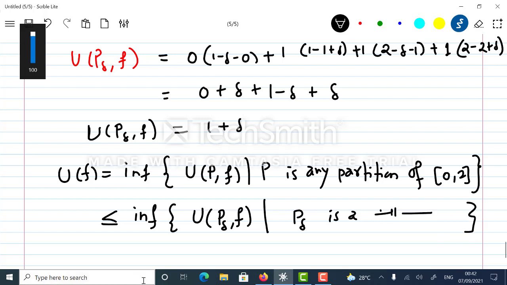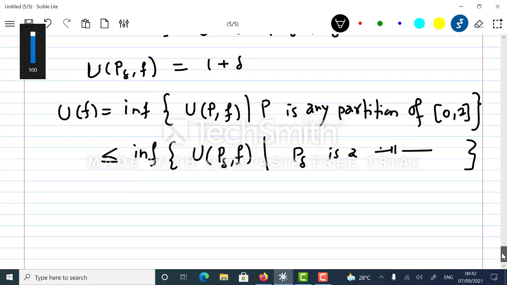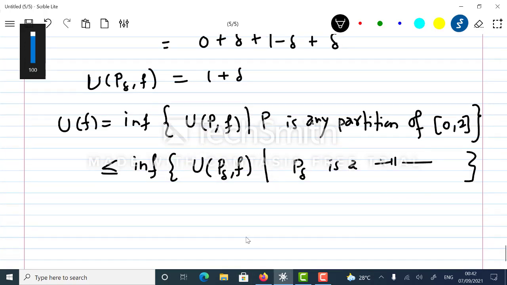Now why I wrote this is very important, because you must know this, there is a rule which we have studied. Here the set of partitions P is a larger superset of the P delta, right? And we know if A is a subset of B, then the infimum of A is greater than or equal to the infimum of B, that one should know.